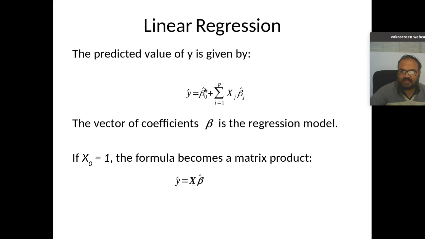We can actually combine these coefficient terms in a coefficient vector beta, and that would be basically our regression model. And if we use x naught equal to 1, then this formula would become a matrix product. So y is equal to vector x times the vector beta.